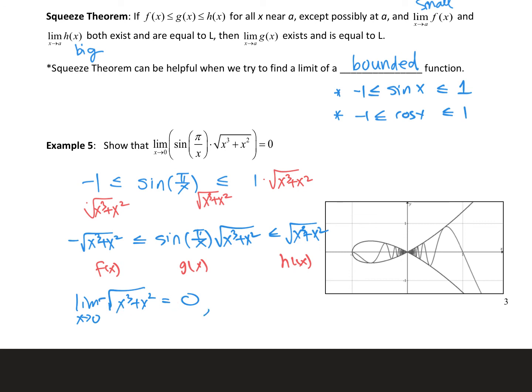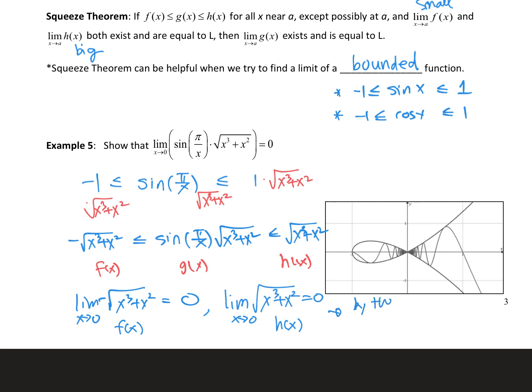I can say the same thing about h of x. The limit of radical x cubed plus x squared is equal to 0, right? So I just showed that the limit of f of x goes to 0 and the limit of h of x goes to 0.